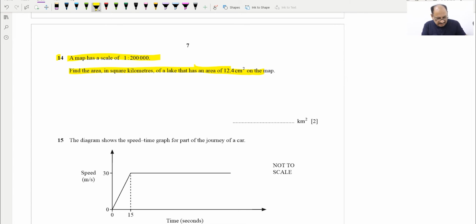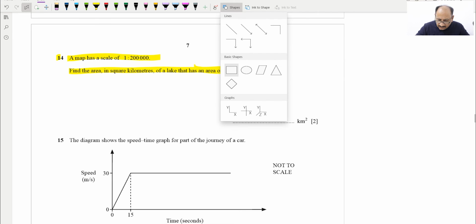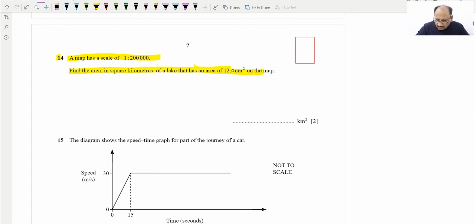To easily understand this question, it is better if you can draw, for example, a square. So I will draw a square like this one.